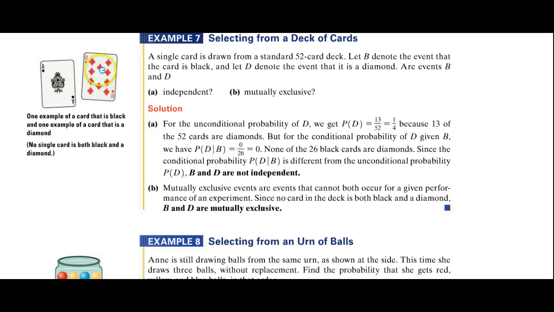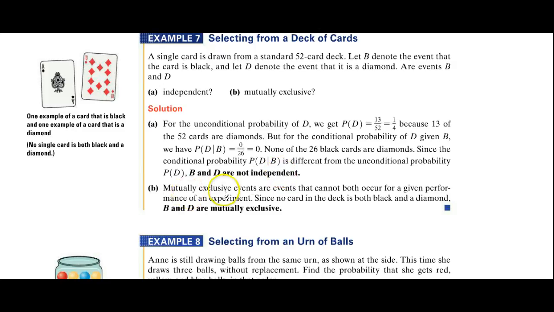Well, the diamonds by definition are red. So that's going to be 0 out of 26. And they're saying since the conditional probability of D given B is different from the unconditional probability of D, then B and D are not independent.